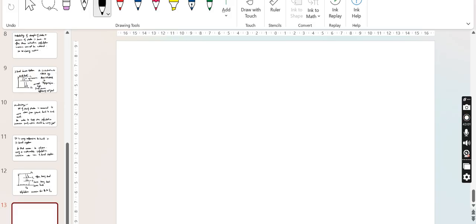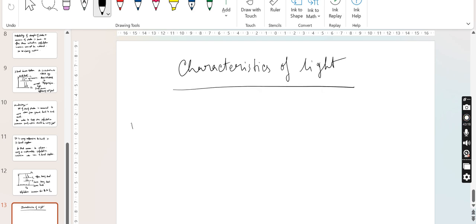After that, the professor discussed some basic characteristics of light. First, the reflection.